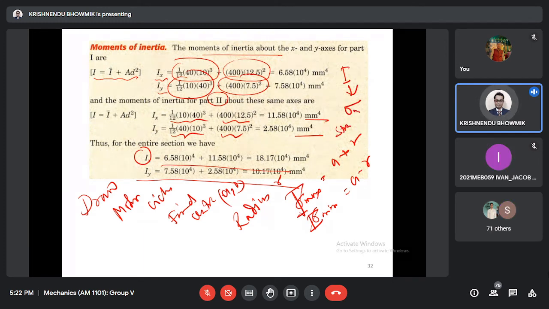You will have sigma x, sigma y, tau xy. So this sigma x will be Ixx, sigma y will be Iyy, analogous.